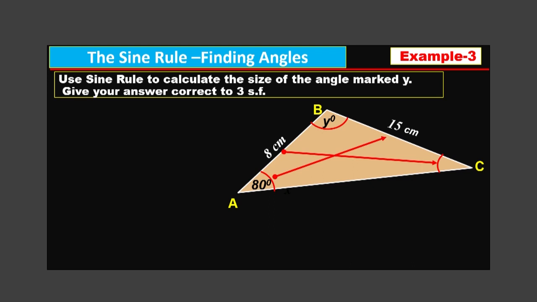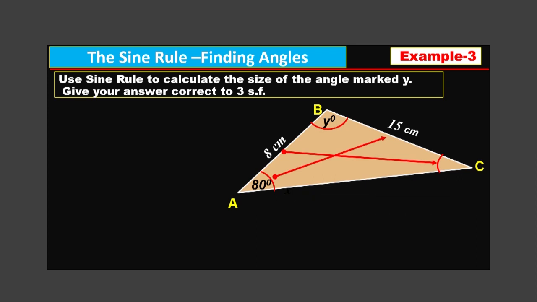Now, since we have to find the angle marked y, unfortunately the side opposite to angle B, which is AC, is missing, but then the side opposite to angle C and the side opposite to angle A is available. So, the only option here would be to calculate angle C first.